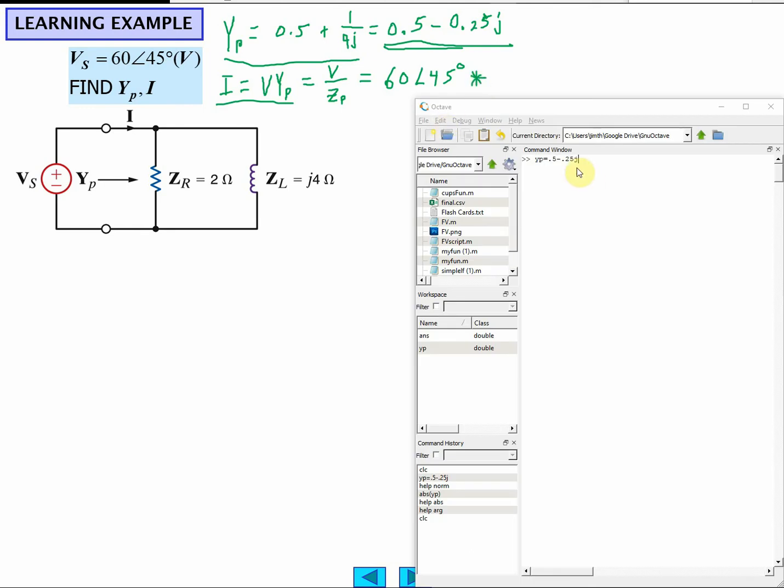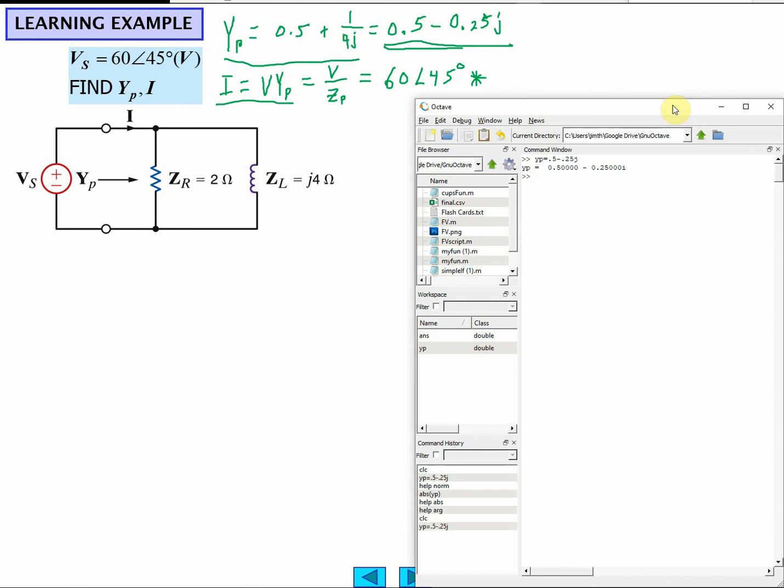Okay, ladies and gentlemen, I'm back. I opened up Octave, a program that works just like MATLAB. It's got a different user interface, but the command line is just like MATLAB. So the first thing I do is enter what the admittance is, 0.5 minus 0.25j. Okay, there it is.